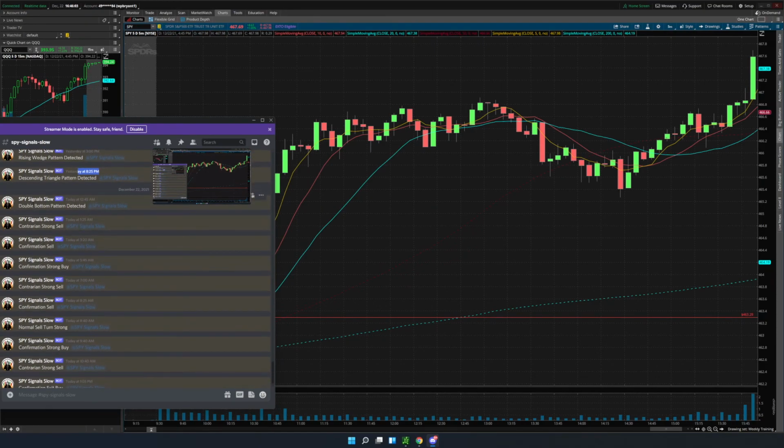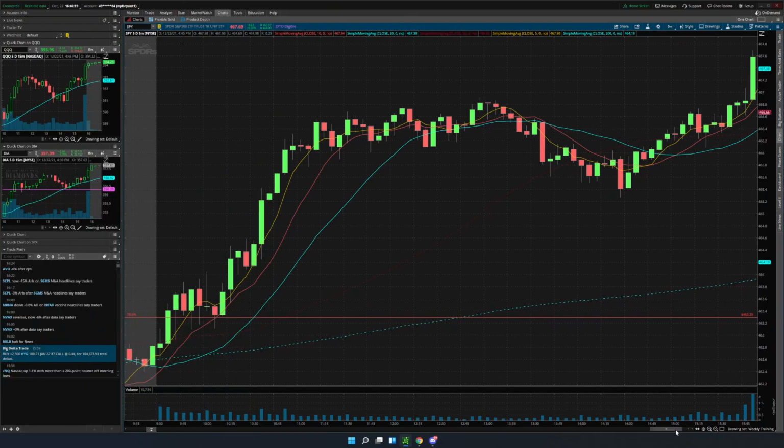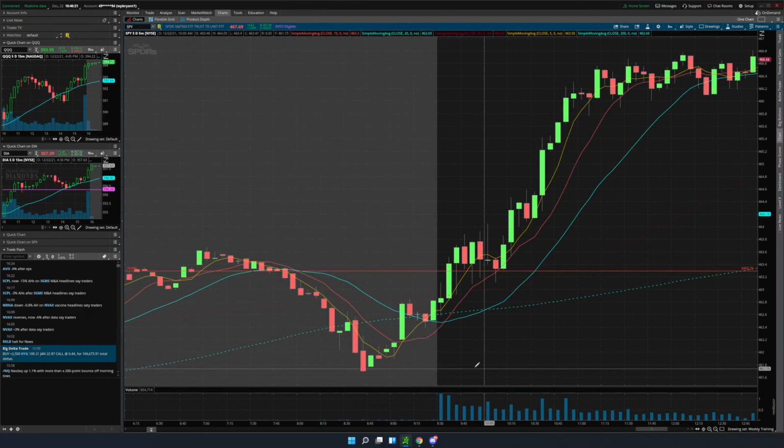So that's midnight, 1 to 5 a.m., 7. All right, so 8:25, we got a confirmation sell. And at 8:40, we had a sell turn strong. So that's pre-market. So we're watching the pre-market here in the morning. Okay. That's in this area. So yeah, it was looking pretty bearish right there.